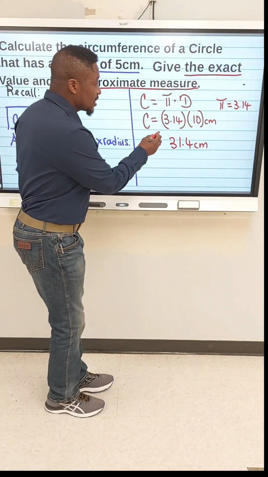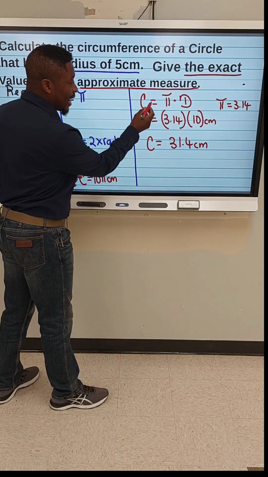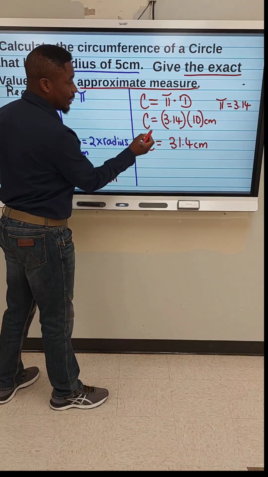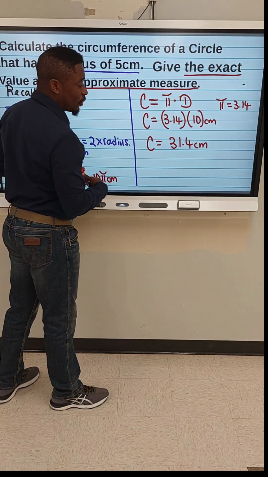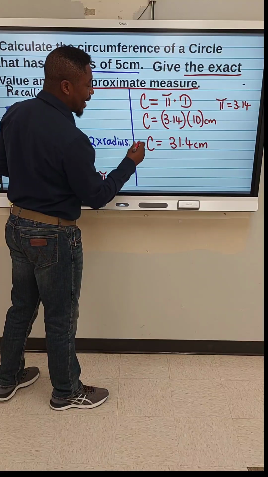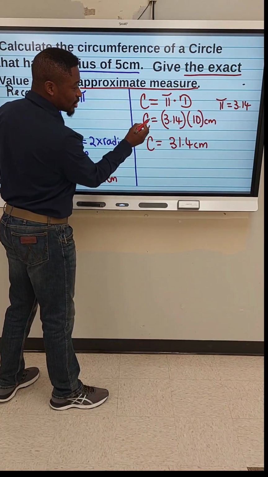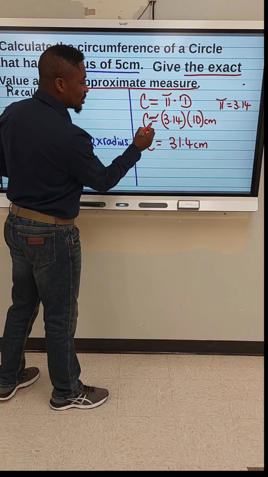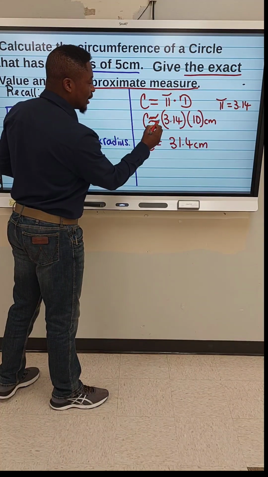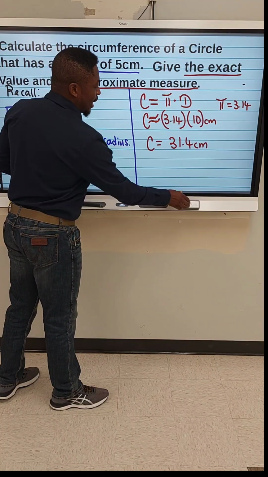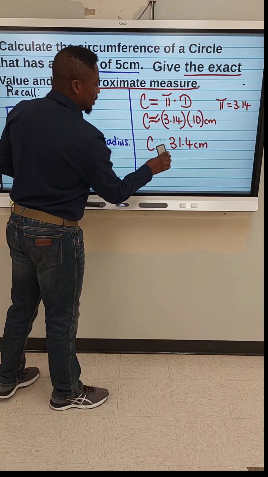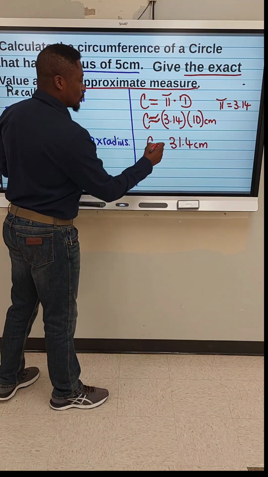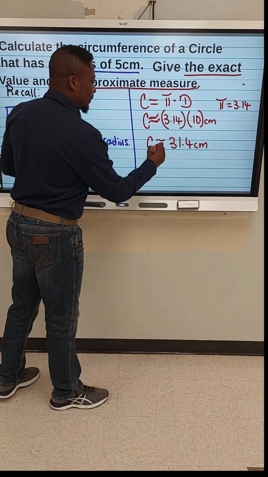So this right here cannot be a solid equal to sign, because 3.14 is an approximate value for pi. So we have to use the approximately equal to sign there, and we also use the approximately equal to sign here.